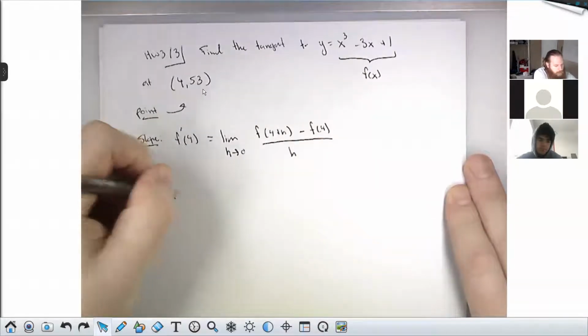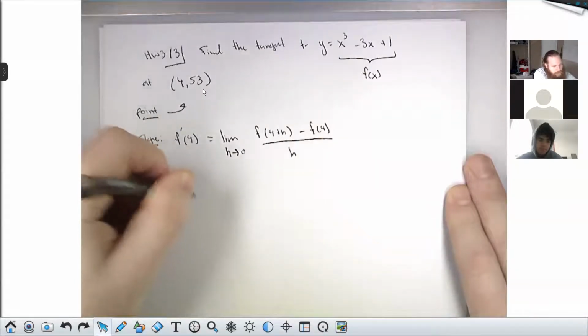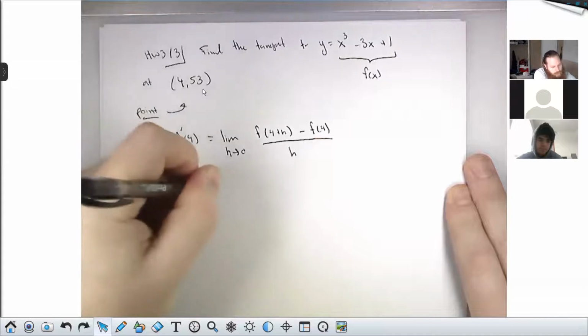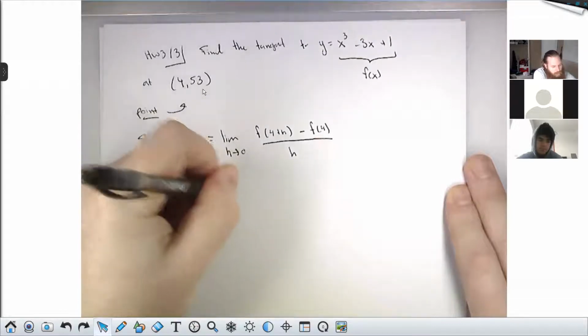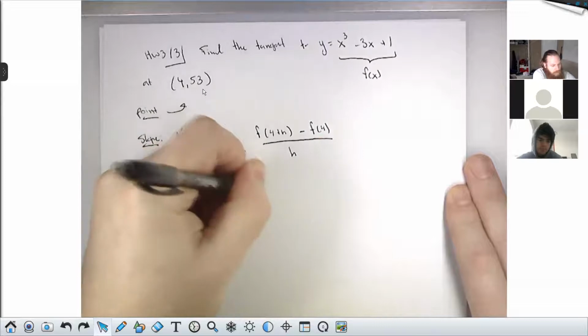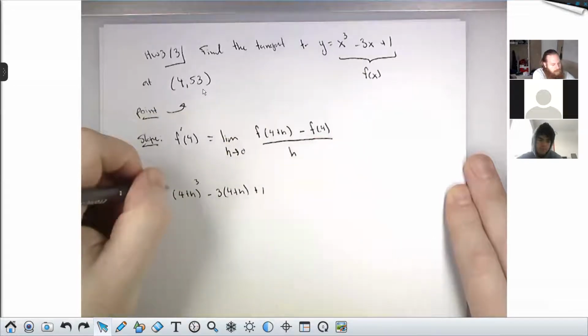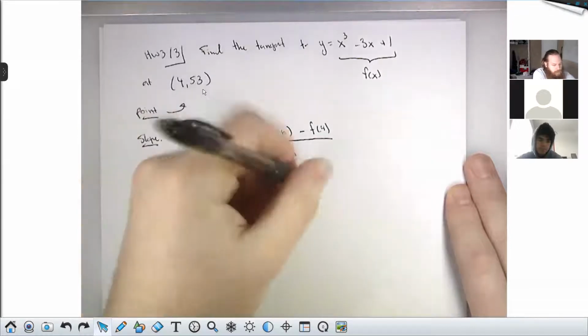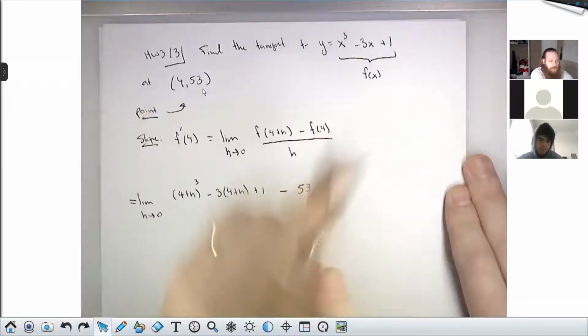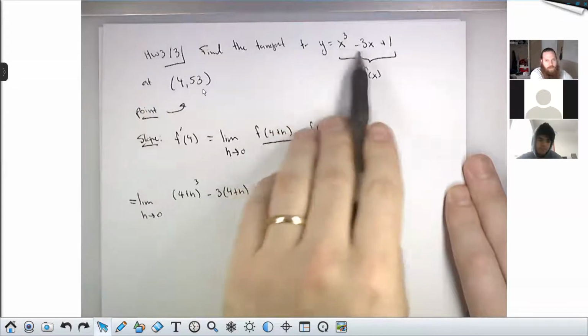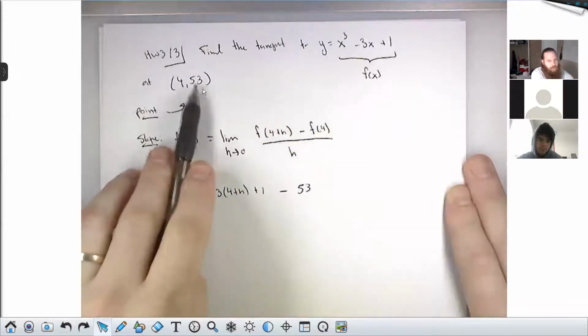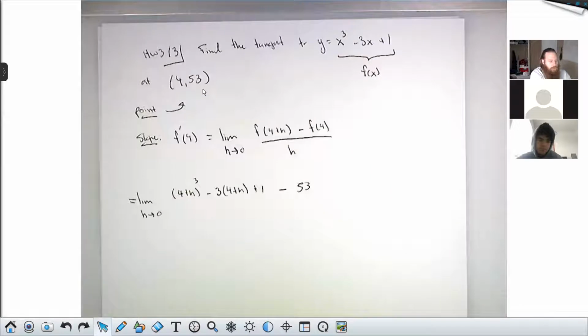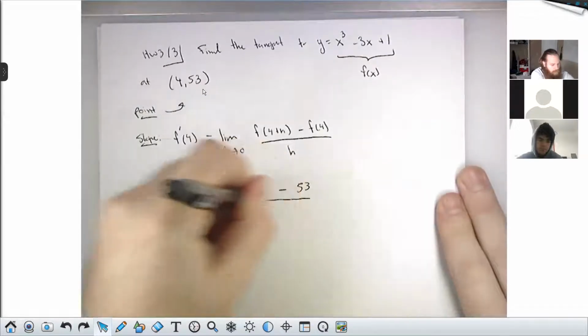So f of 4 plus h is going to be (4 plus h) cubed minus 3 times (4 plus h) plus 1. All right, here's f of 4 plus h minus f of 4 itself, which is 53. You could compute that by plugging 4 in here and crunching it out, but there's no reason to because they gave it to us here. And then downstairs we just have h.